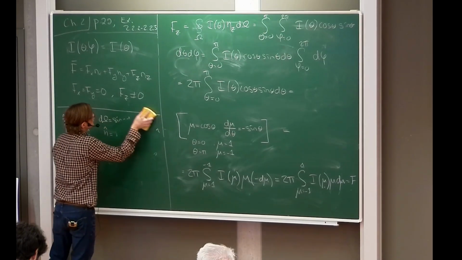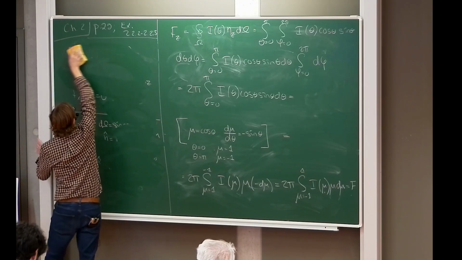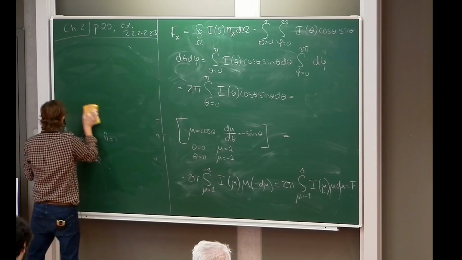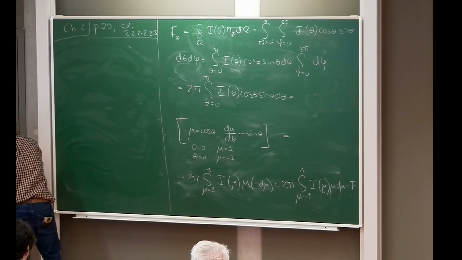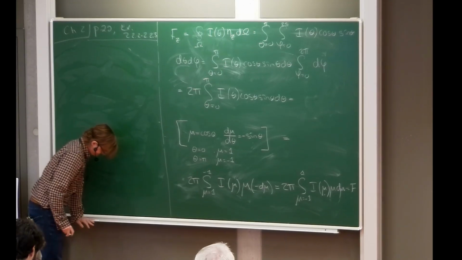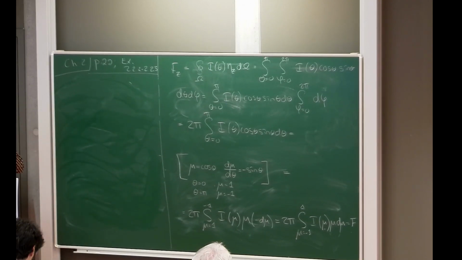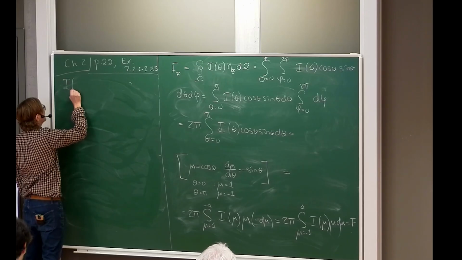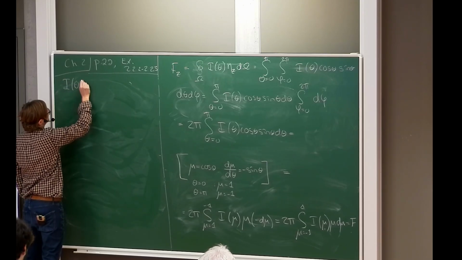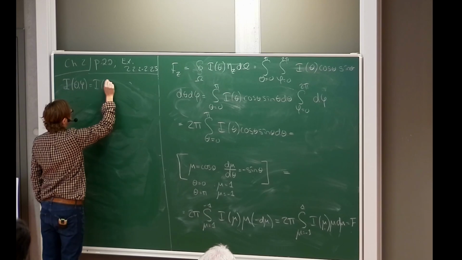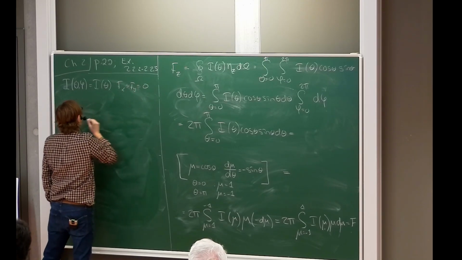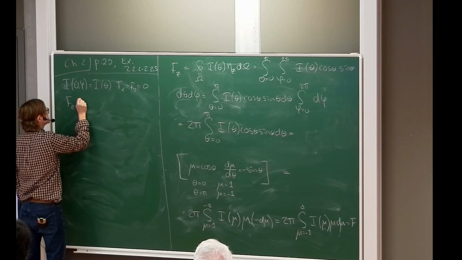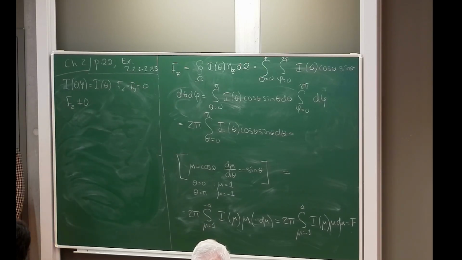Okay, so we're going to do one little more tour on this. So now we have, in case I of theta, phi equals I of theta, then we know that fx and fy equal 0, but fz is not necessarily 0.